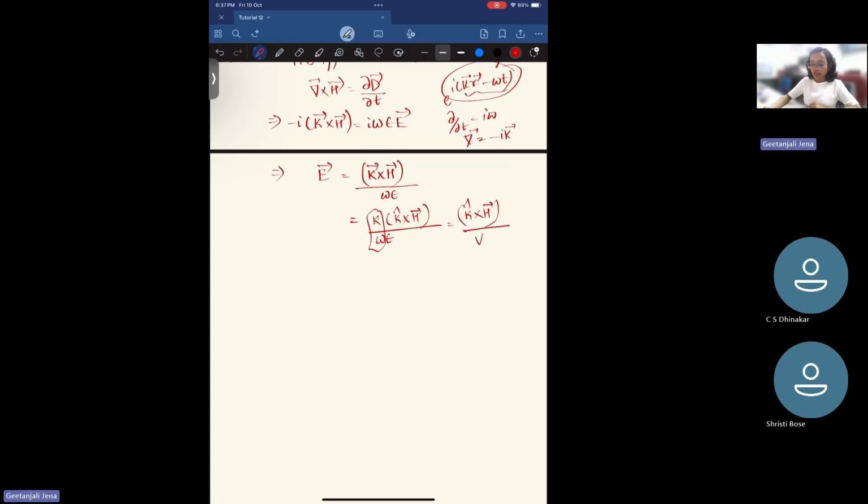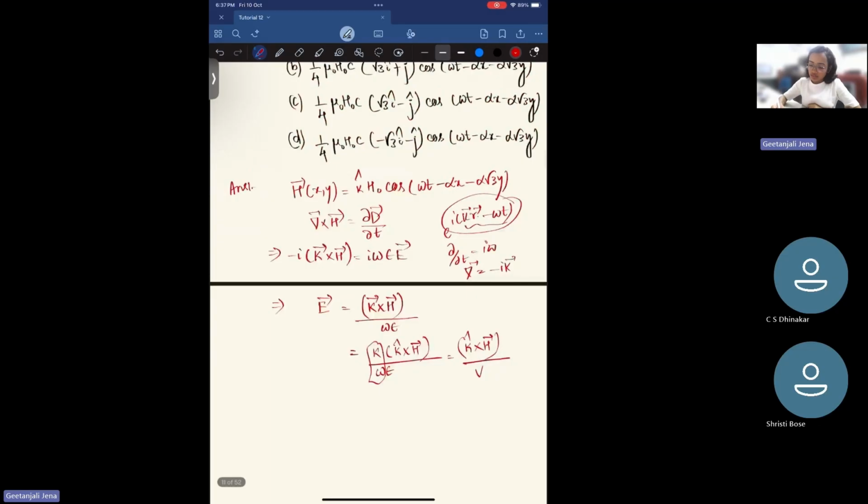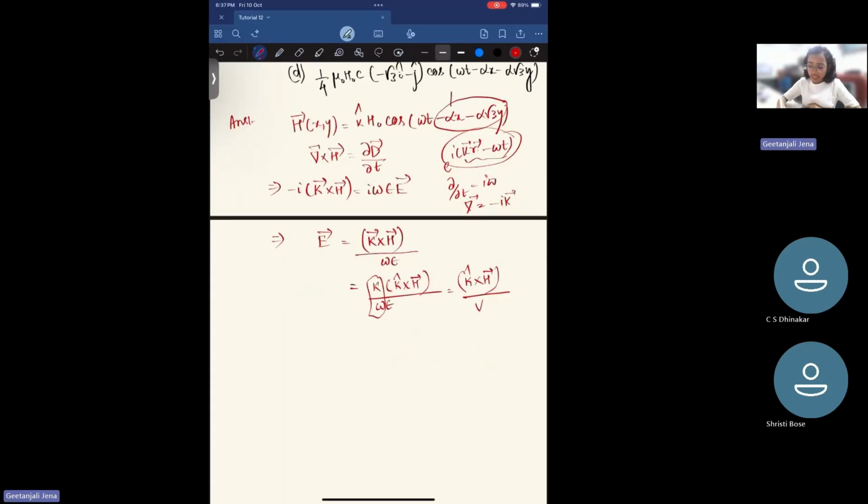So omega by k you can write as v. For a medium it is v, for free space or vacuum it is c. So let us see what is k here. k is nothing but the coefficient of x, y, or the position coordinates. One is alpha and one is alpha root 3. Alpha is for x and alpha root 3 is for y.